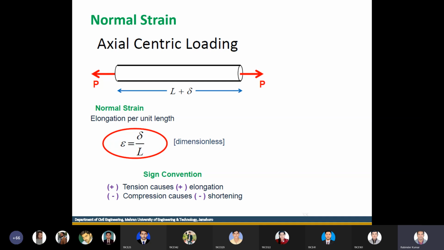If it is increasing or decreasing its length, that deformation per unit length is known as strain. This is a dimensionless quantity. Normally positive strain is referred to tension, because it elongates the body, and negative is referred to compression strain because it shortens the body.